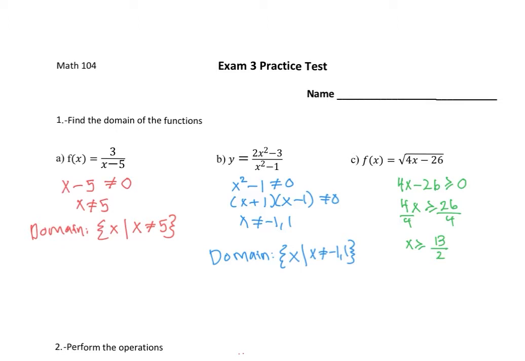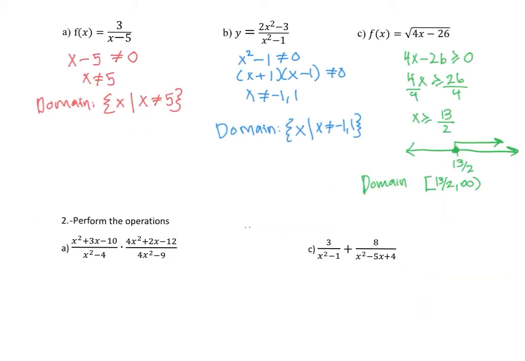We want our final answer in interval notation. So x is greater than or equal to 13 halves, so our interval notation for our domain is that we will go from 13 halves to infinity. Okay, so that is finding the domain.